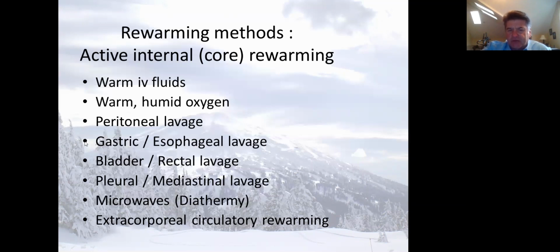You'll put a nasogastric tube in and put warm water into the stomach. You would put a catheter or a rectal tube in and put warm water into the bladder or into the rectum. And there are some people who put chest tubes in, and by putting those in, you get pleural and mediastinal lavage.